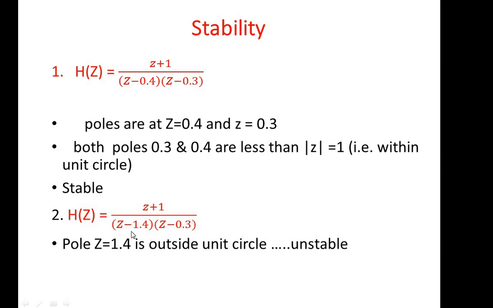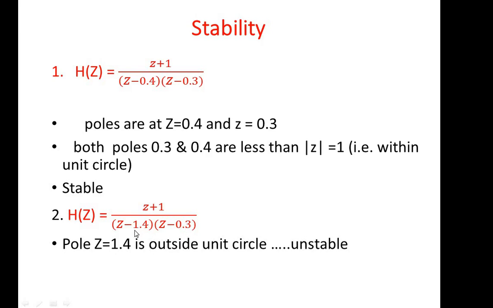If we consider this system as causal, the ROC will be greater than the poles. If the condition is greater than the pole, then it is not containing the unit circle. One pole is not containing the unit circle, so the system is not stable. Or if we consider the entire system as anti-causal, it means the ROC is less than 1.4 and less than 0.3, and at that time too 0.3 does not have the unit circle, so it is an unstable condition.